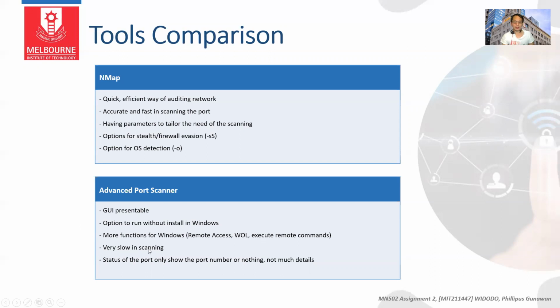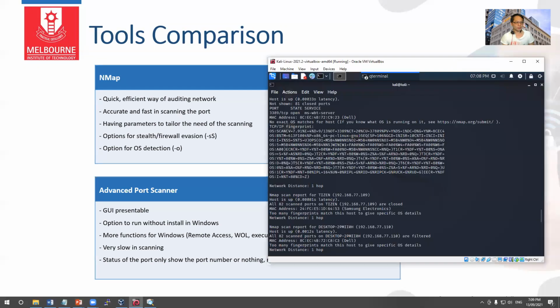But it's very slow in scanning because it's also guessing the operating system. The status of the port will only show the port number or nothing, which is not much detail. As you can see before, basically it will show port 22 or will not show port 22.